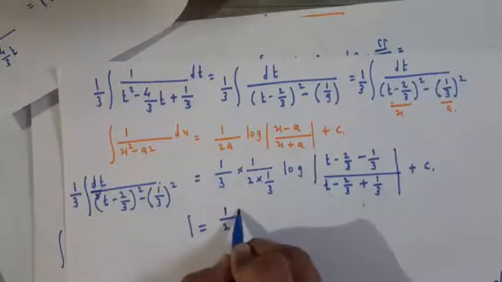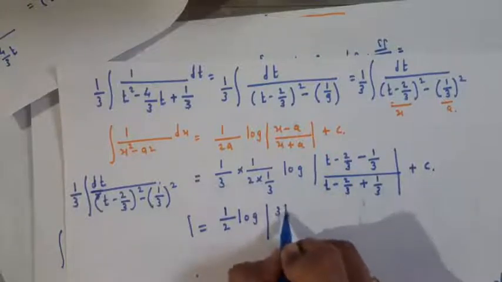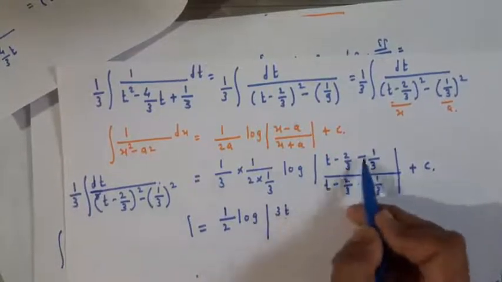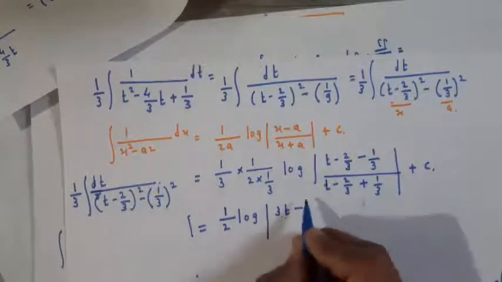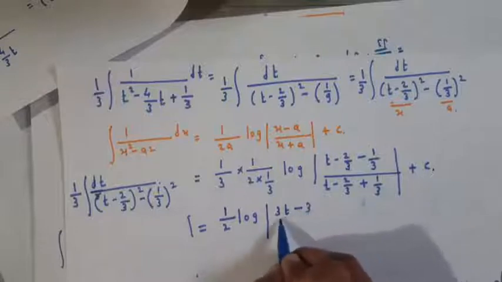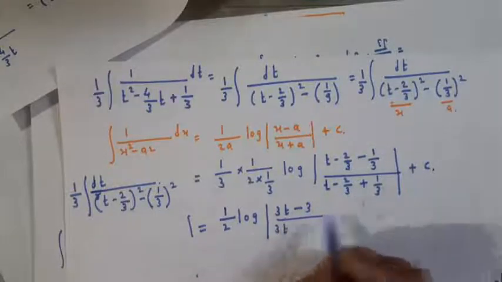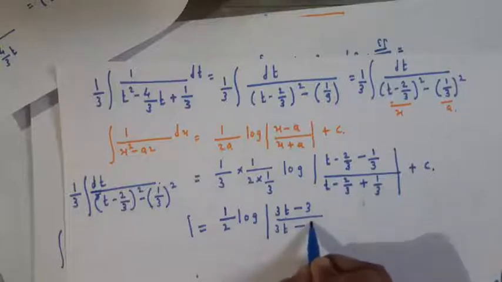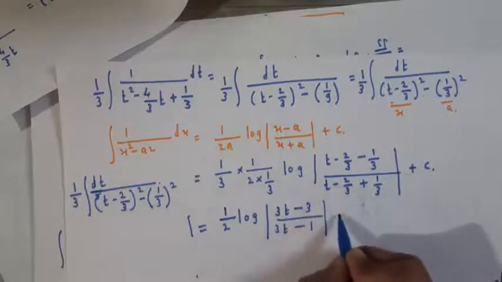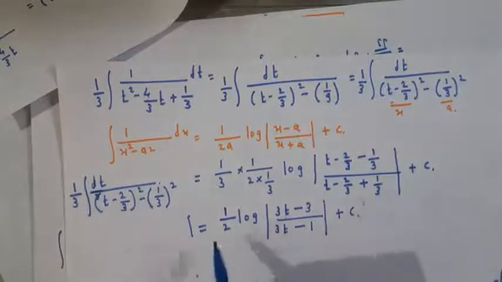1 upon 2 log of, we can take LCM, that is (3t − 2 − 1) upon (3t − 2 + 1), that is (3t − 3) upon (3t − 1). So divide by 3, we will get the answer. Okay, and this is the integration.